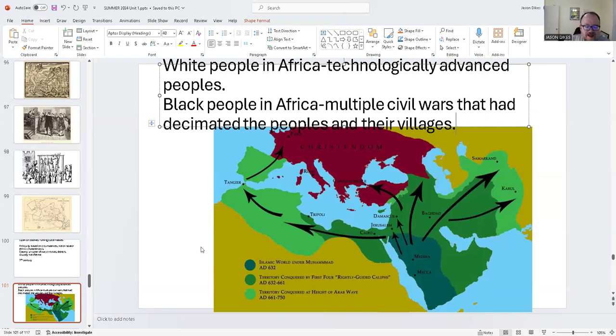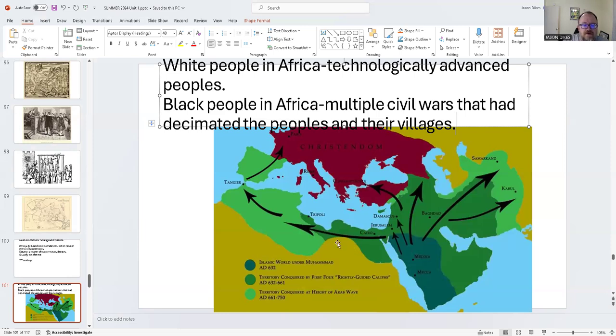And that's kind of what happens here. They come into this part of Africa where civilization has been laid waste to by multiple civil wars. Those civil wars had led to agricultural collapse, which had led to civilizational collapse.